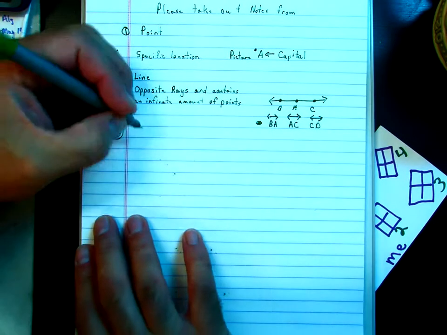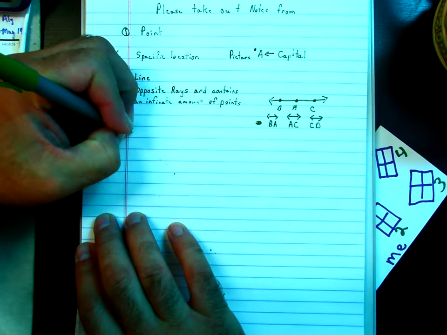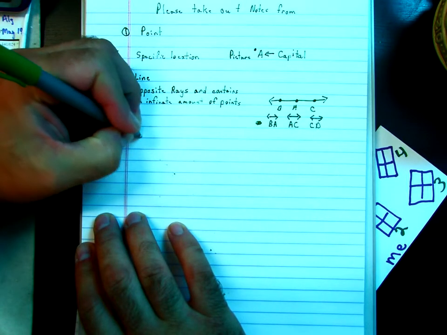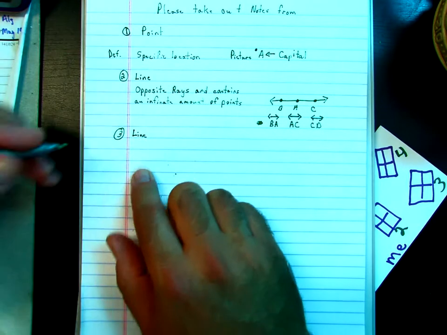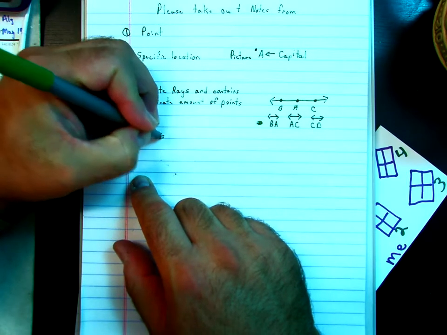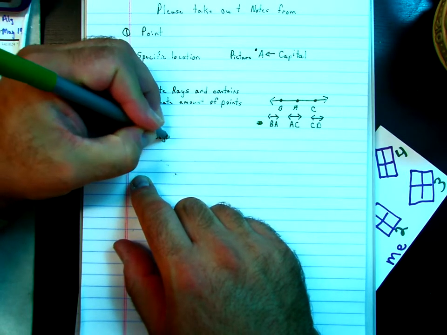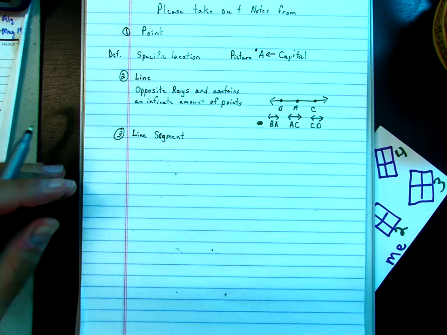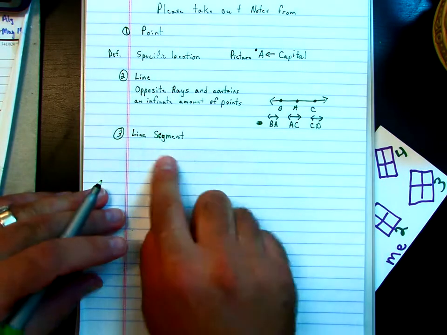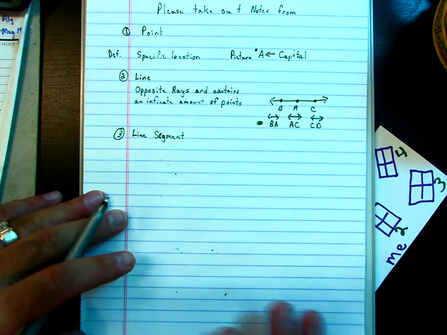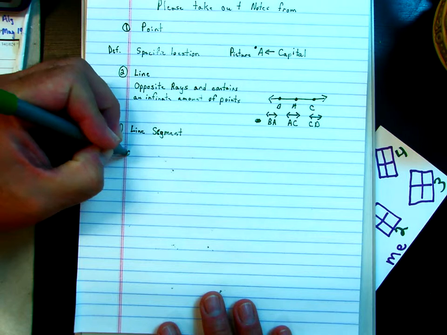3 is line segment. Now, this is the word that's not necessarily needed. This one is. Okay. Segment. A segment.